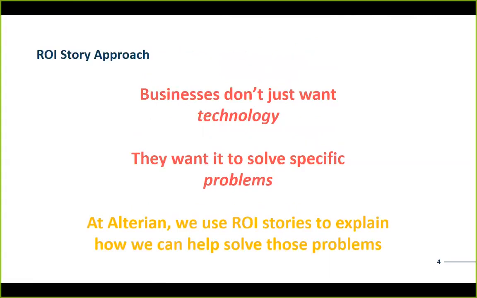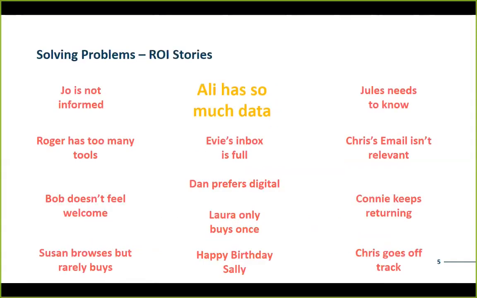In terms of our ROI story approach that I mentioned, what we're very cognizant of at Alterian is that people don't just buy technology for technology's sake. They buy it to solve business problems. And what we like to do is frame all our technology in the context of solving those problems for people. The way we do that is by building out what we call ROI stories, and we've developed a number of these over time.